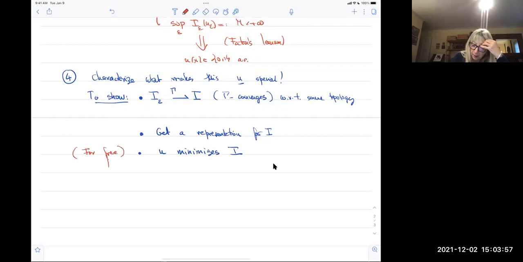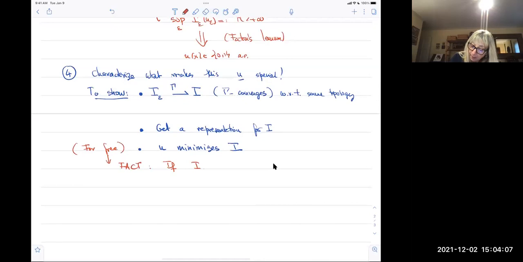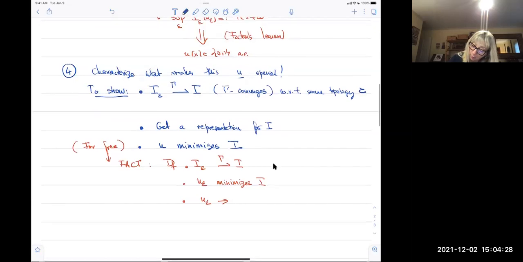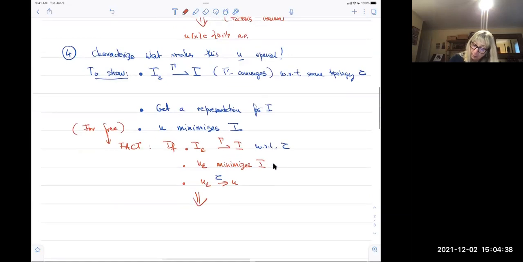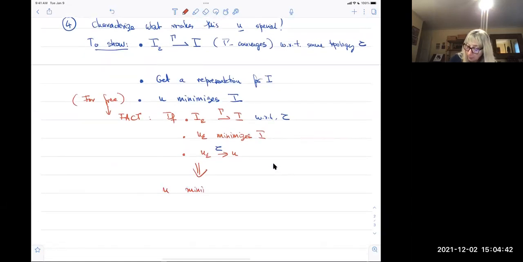It's for free because, this is a fact from the theory of gamma convergence, that if I epsilon gamma converges to I, if u epsilon minimizes I epsilon, and if u epsilon converges to u, and all this should be with respect to the same topology, so let me call it tau, with respect to tau, then u minimizes I. This has nothing to do with the problem that we are dealing with here.